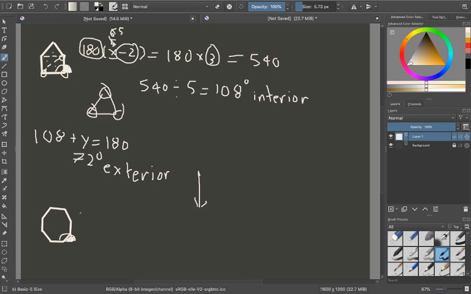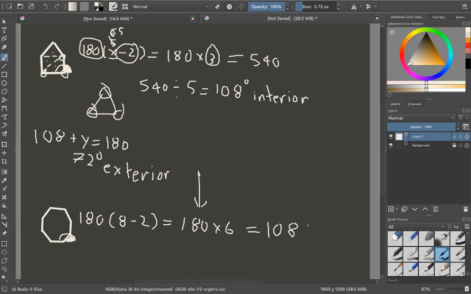So first we do 180(x - 2), which in this case is 180(8 - 2), which equals 180 times 6. Now 180 times 6 equals 1080.